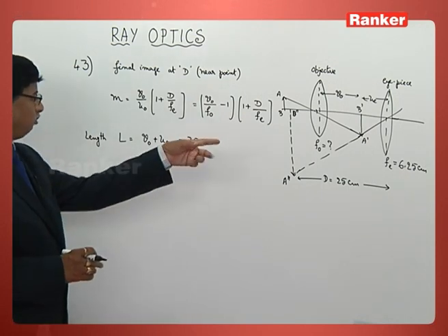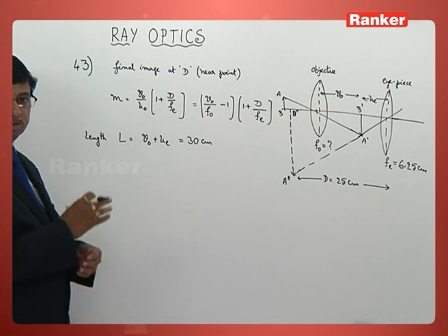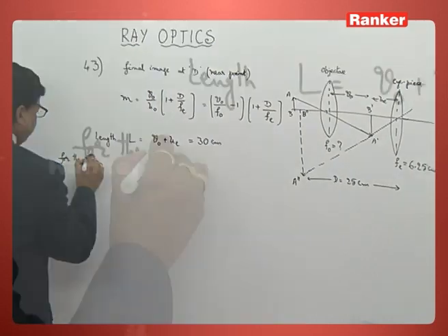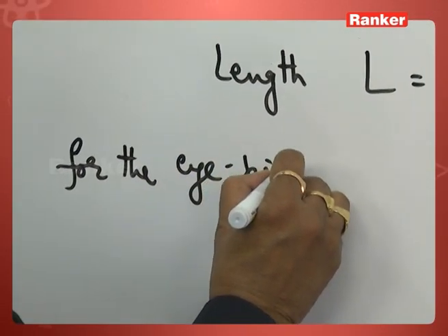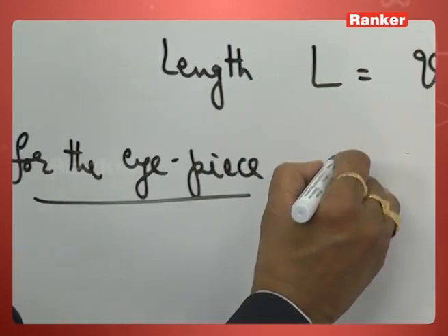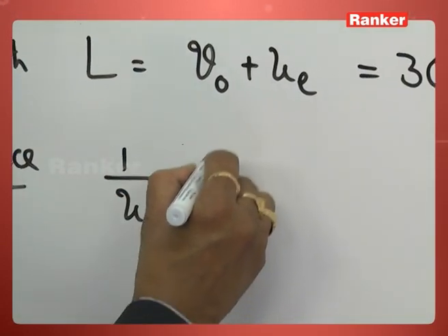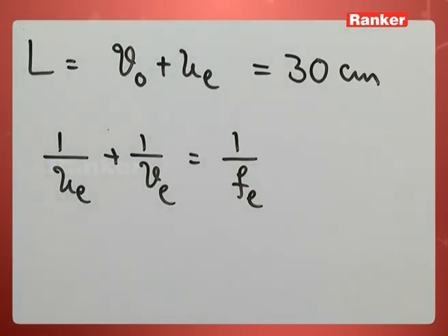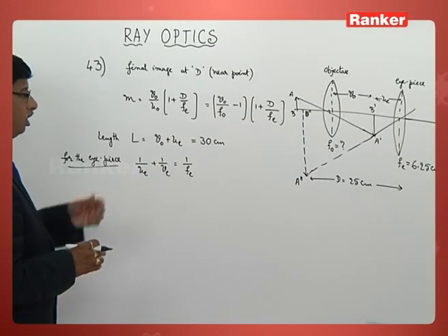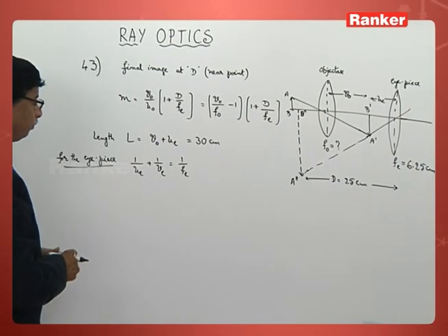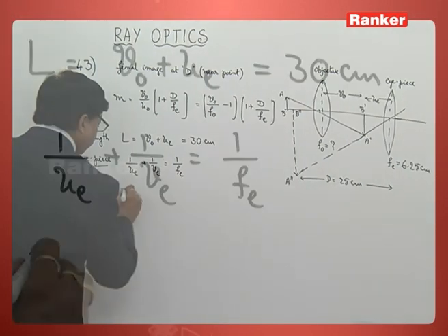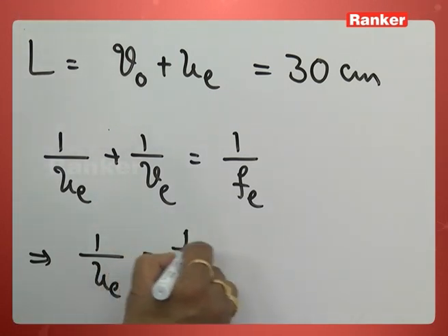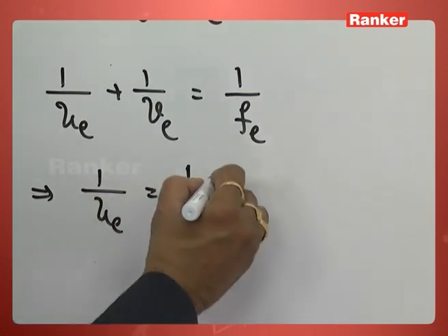For that, I start my calculation right from the eyepiece onwards. We know very well, observe this point carefully, for the eyepiece, 1 by UE plus 1 by VE is equal to 1 by FE, the general formula, because it is a convex lens. Now what I can write is 1 by UE is equal to 1 by FE minus 1 by VE.